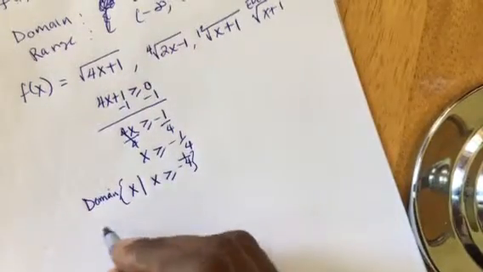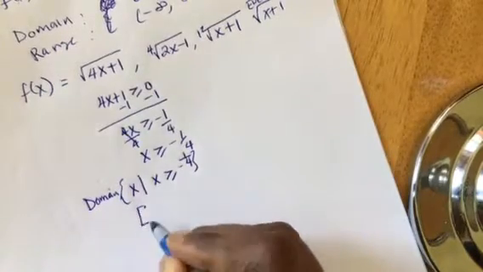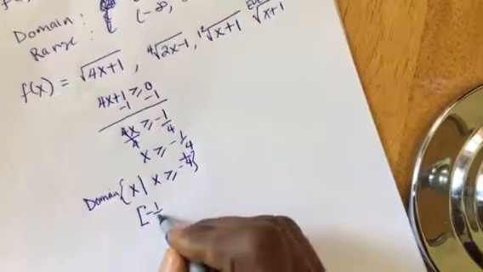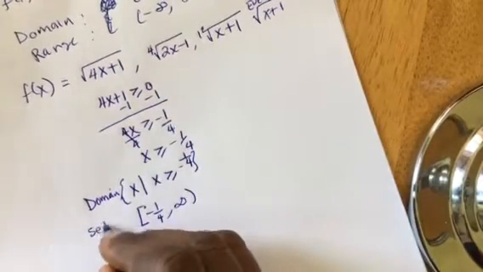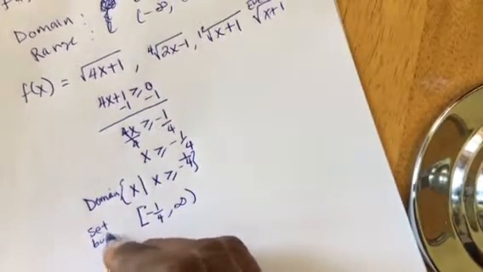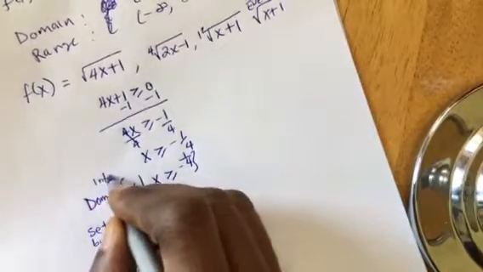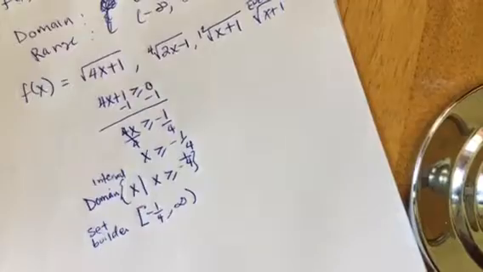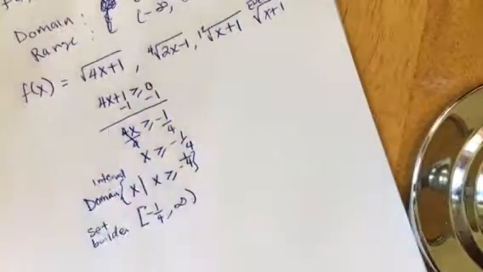So another way of writing this would be bracket -1/4 and then all the way to infinity. So this is set builder notation, and this would be interval notation. And for any of these you will take the same approach to find the domain.